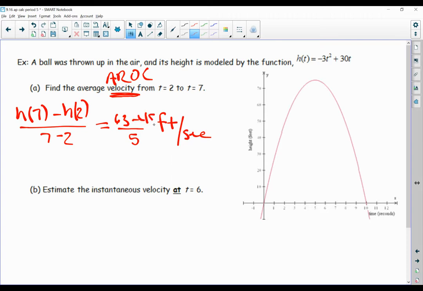So 63 minus 48 is going to give me 15 over 5, which is just 3 feet per second. And again, that would just be if I drew the 2 points, 2 and 7, and found the slope between those 2 points.